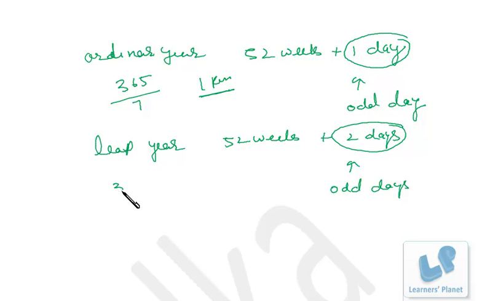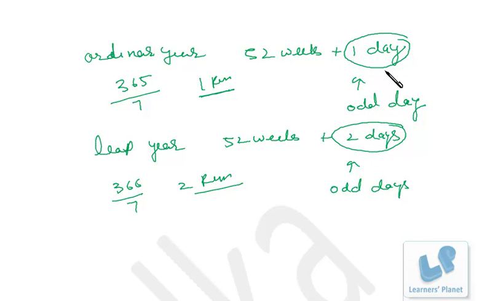And in a leap year, if you divide 366 by 7, you'll get 2 as remainder, and this 2 is nothing but the odd days. So basically, the number of days are divided by 7, and whatever is the remainder is actually the odd day. It is as simple as that. Just divide the number by 7, whatever the remainder will be 0, 1, 2, 3, 4, 5, 6. So all of these will be odd days. So in an ordinary year, 1 odd day is there, and in a leap year, 2 odd days are there.